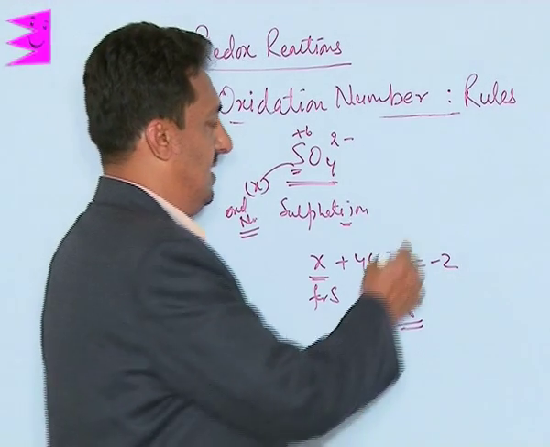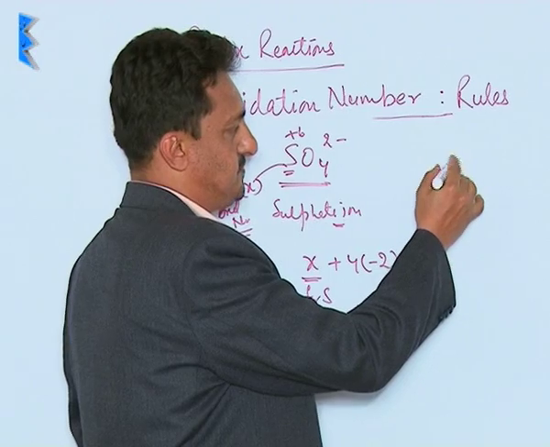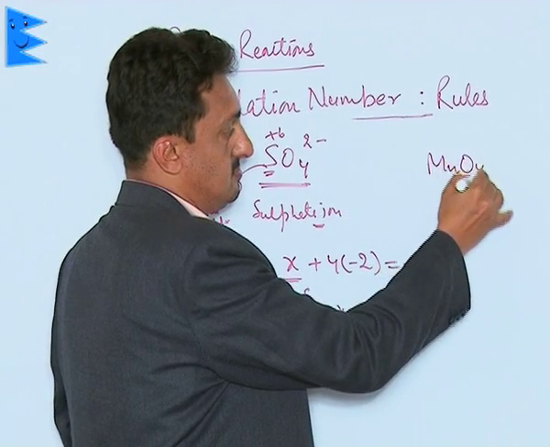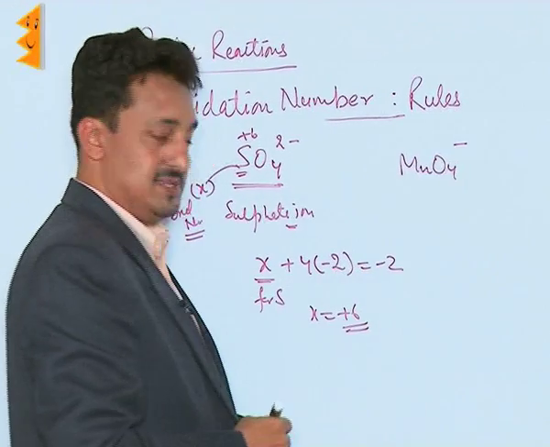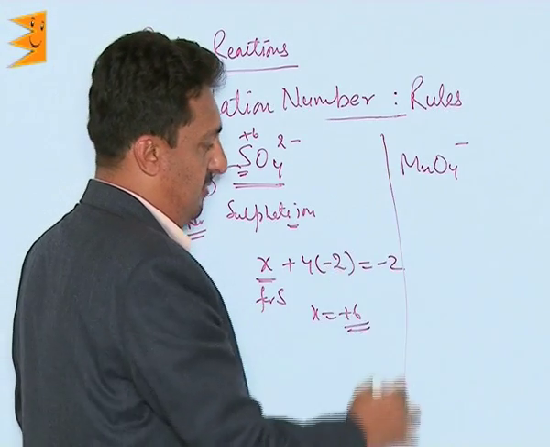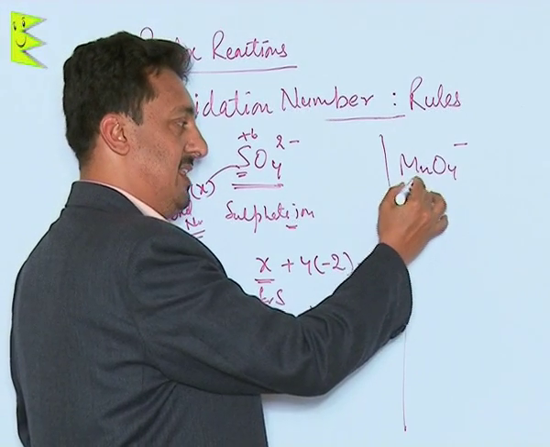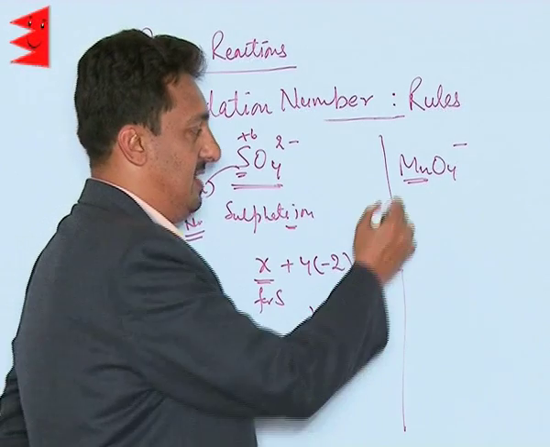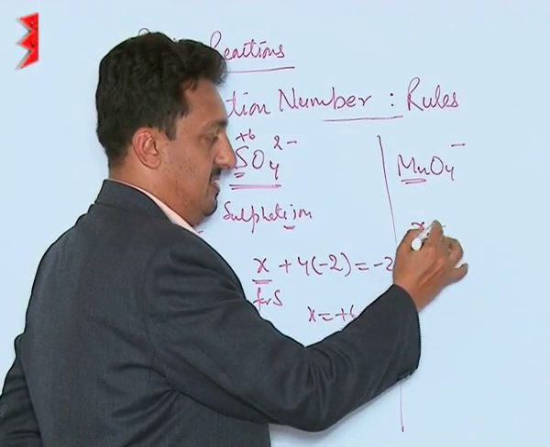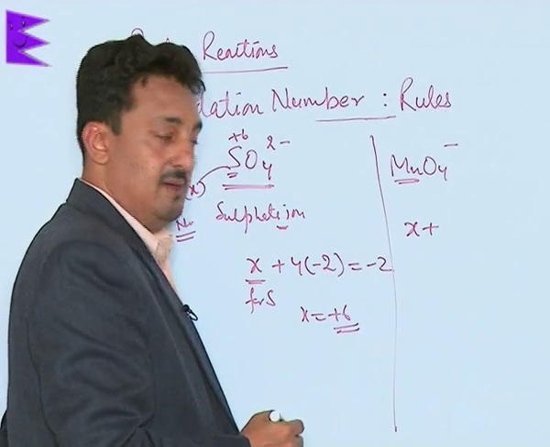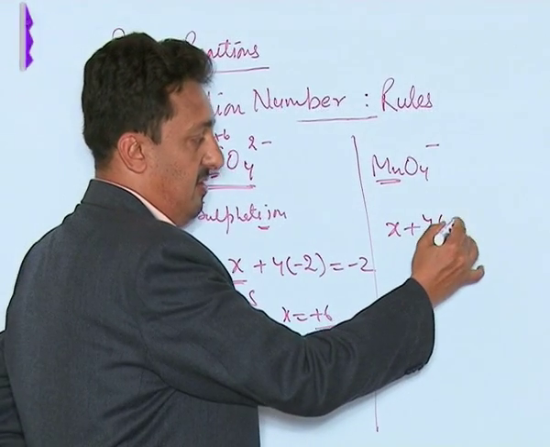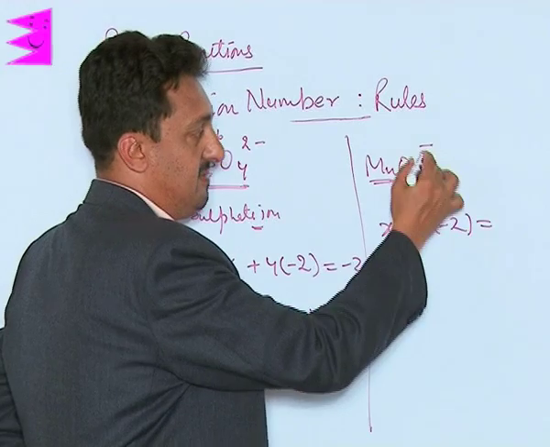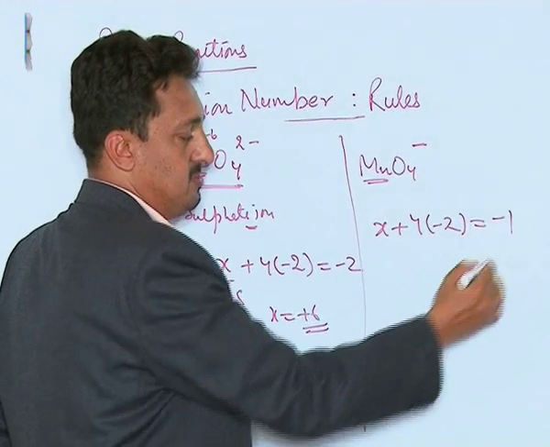Similarly, let us take the example of the MnO4- ion. In this MnO4- ion, the oxidation number of manganese is to be determined. Let us take it to be X. There are 4 oxygens all in -2, and since the charge is -1, it equals -1.